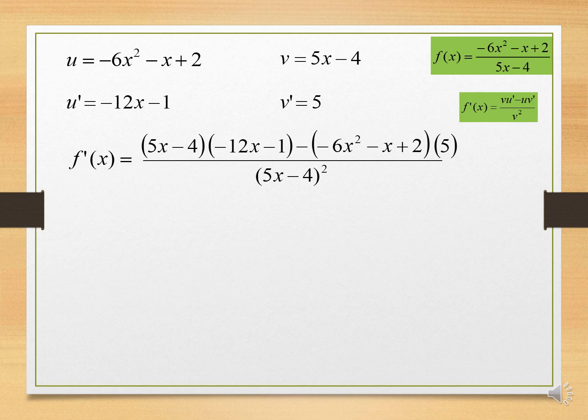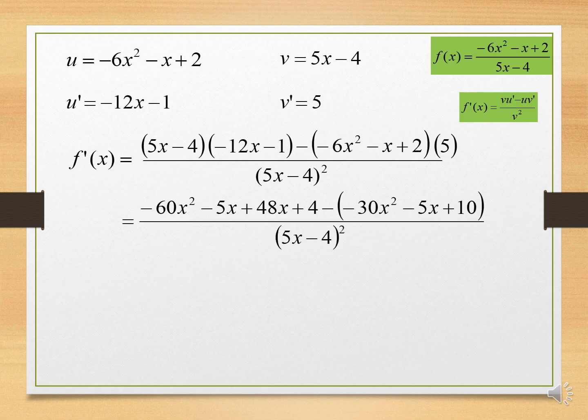The following step is just to simplify the answer. Expanding the bracket, we get negative 60x squared minus 5x plus 48x plus 4, and then minus, this one you expand with the 5, so you get this value, and then divided by 5x minus 4 squared.